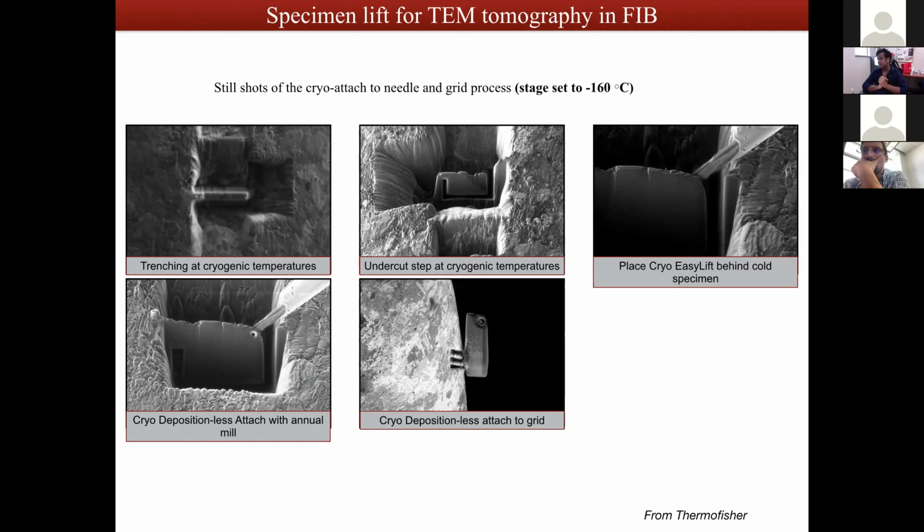Then you can slowly put the slice onto a grid, and the last image shows the cryo deposition attaching it to the grid. There are other methods by which you can do this, with slight differences, but typically this is the baseline for carrying out these kinds of experiments.